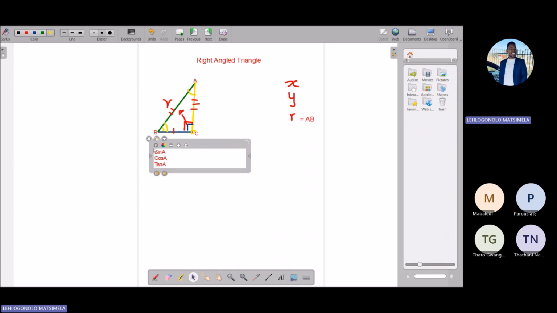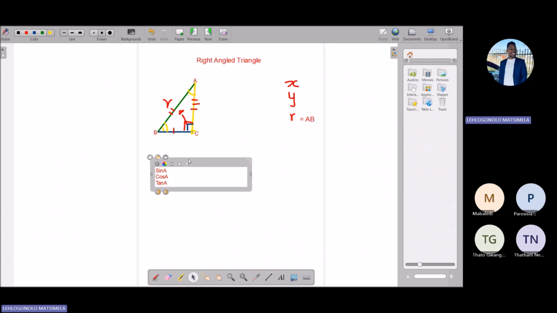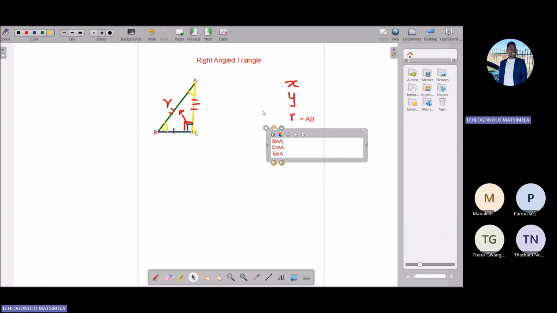After we do that, let's give the labels to these sides. How do we give the labels? If the angle we are looking for is angle at A, and here is our A, it's going to be easy to label X and Y. How do we do that? Let's look at the lines that are perpendicular to one another, which are line BC and line AC.